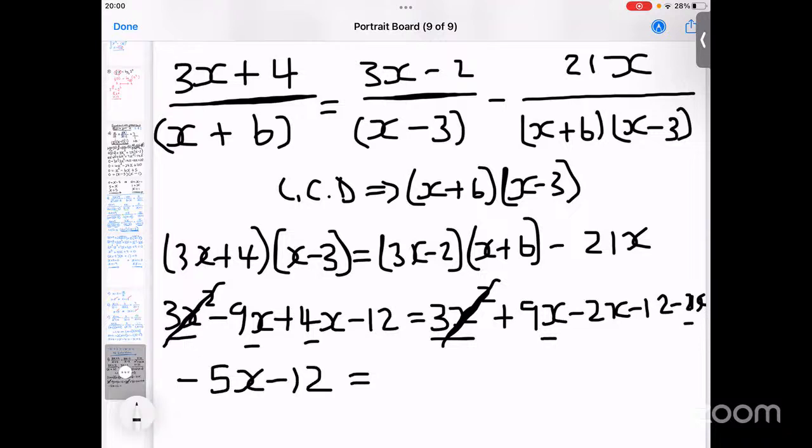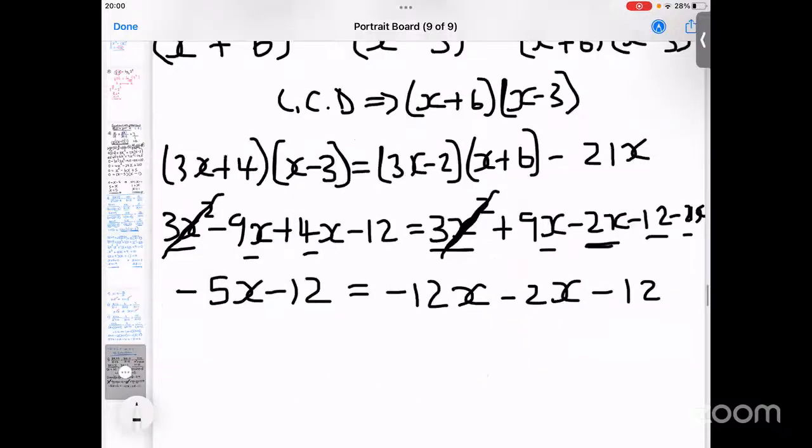What will that be? 9 minus 21 gives us 12, and then is it going to be a negative? Yes, it becomes a negative 12x. And then we still have minus 2, so we need to minus a 2x there, and then we still have that minus 12 there.